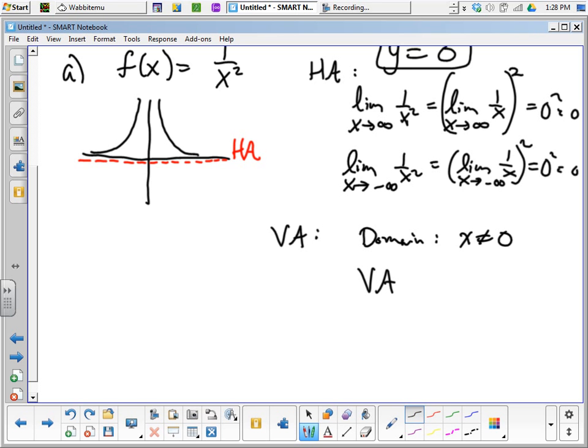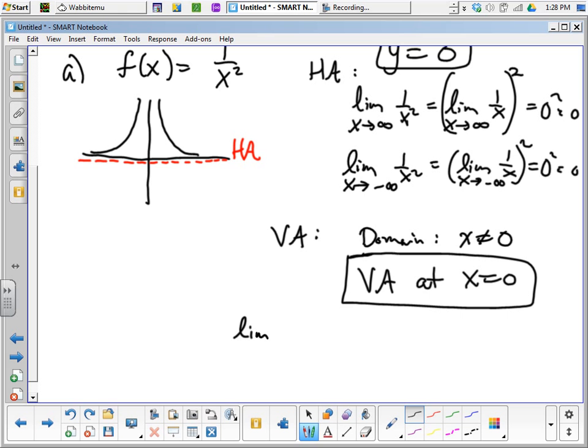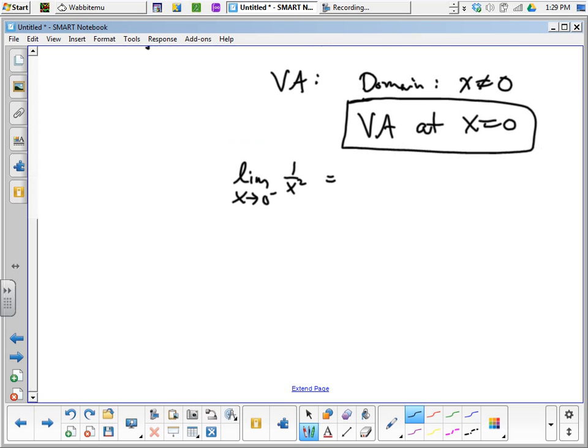Now I'm going to go ahead and check the behavior on either side of it. Okay, so I'm going to do a limit on the left side of 0. And a limit on the right side of 0. Because they asked me to describe the behavior of the graph on either side of the vertical asymptote.